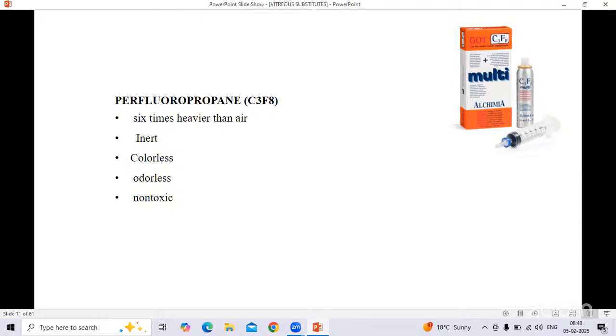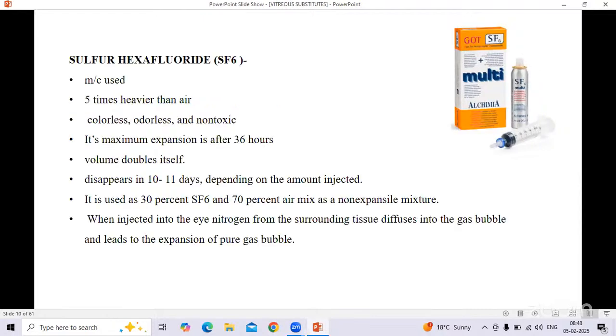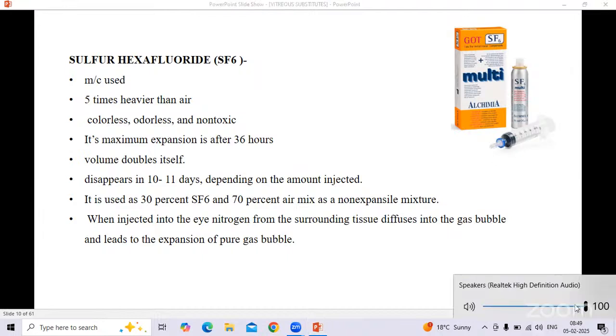Go back to previous slide. Yes, sir. SF6, you are saying 30% is non-expansile. Yes, sir. Akash, it's actually 20% that is non-expansile. So I think 30, where you have written this 30%, is in the source.